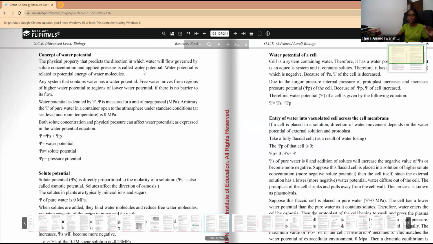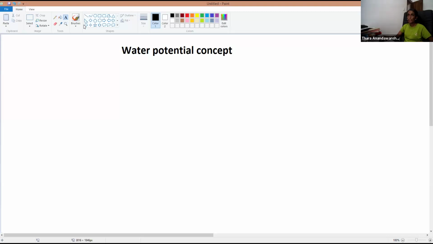I'll explain this a little bit, then you will understand what I am talking about regarding applied pressure and solute concentration. So think there is a container which is having water. Remember this really well.